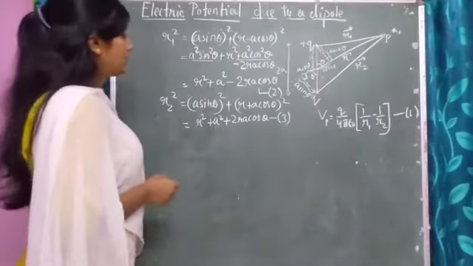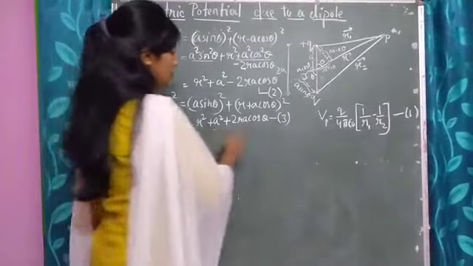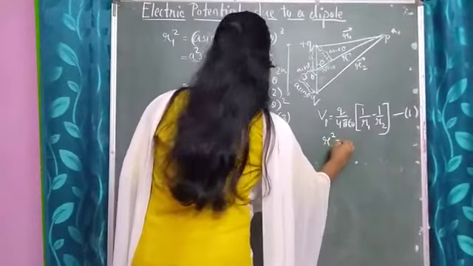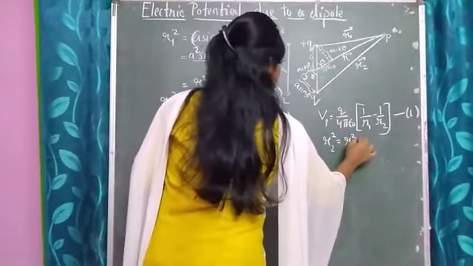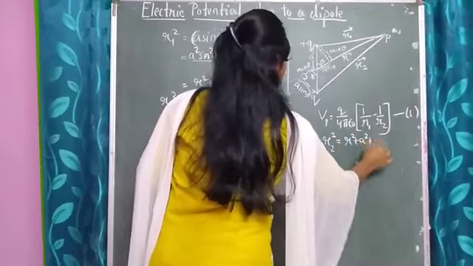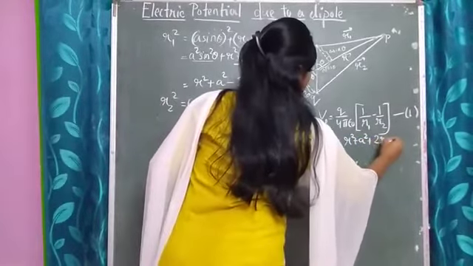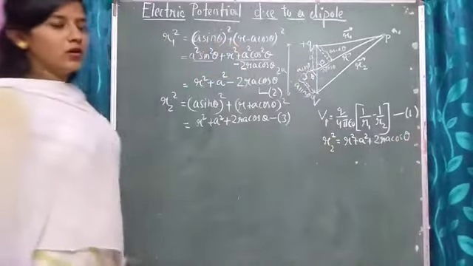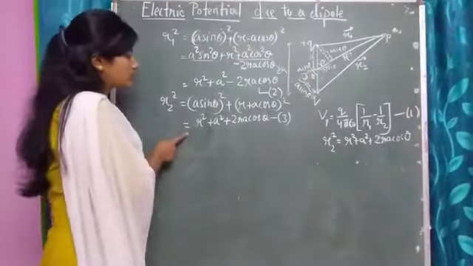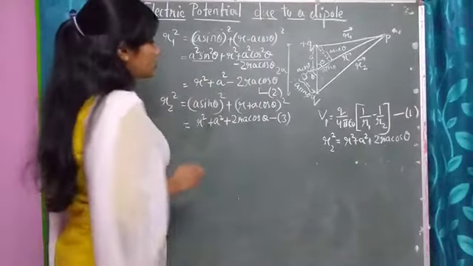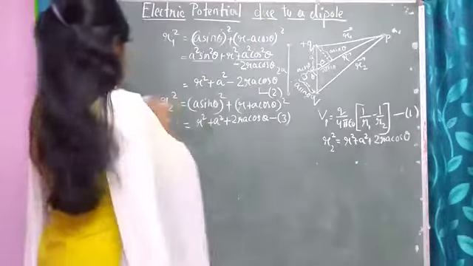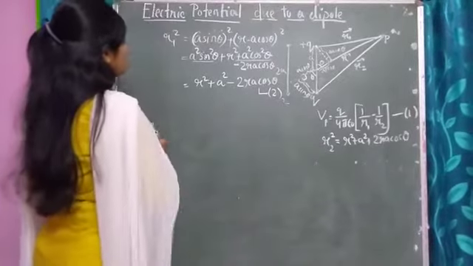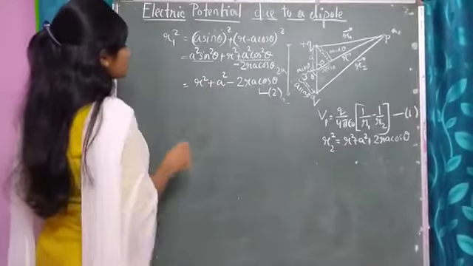So I am writing equation 3 here as R2 square is equal to r square plus a square plus 2ra cos theta. Okay, after this I will again jump to equation 2 and solve it.